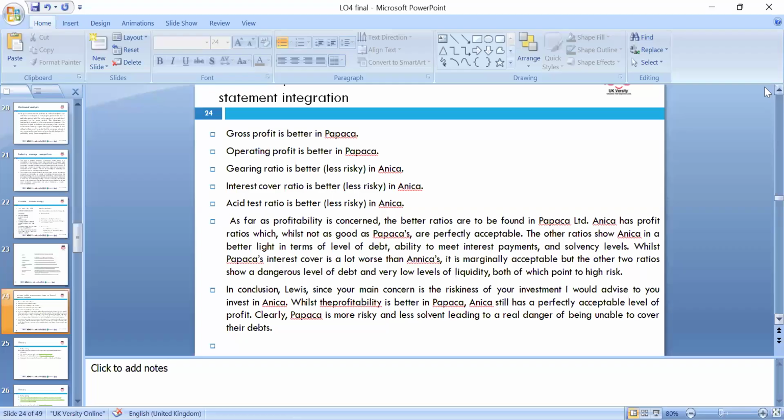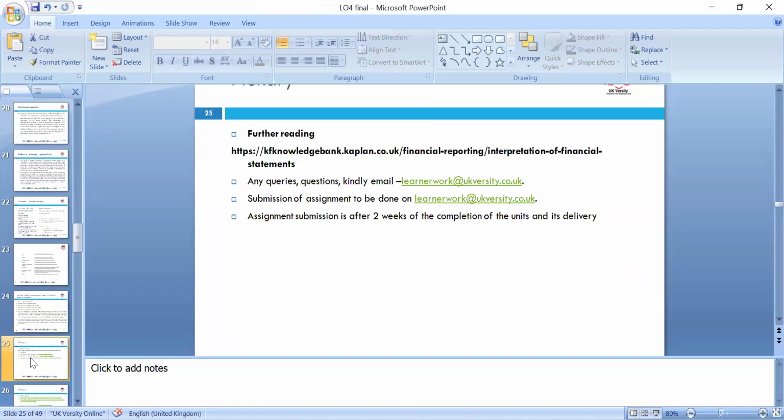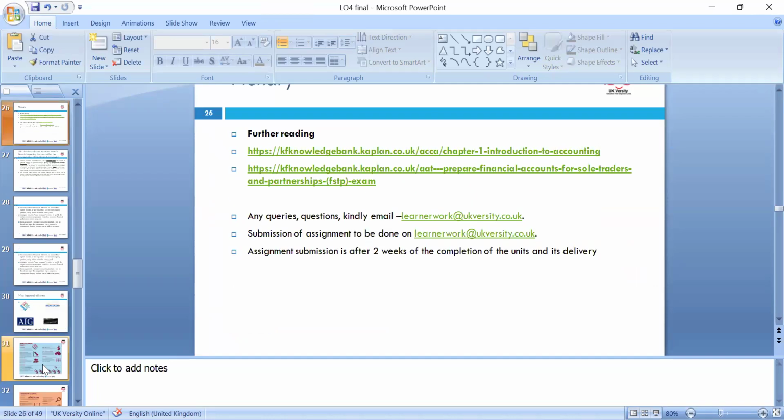So we decided it's better to go for Anika instead of Paprika for investment. Based on these various ratios, our decision depends on the purpose you want. Okay, guys, then of course we can move on to the next element.